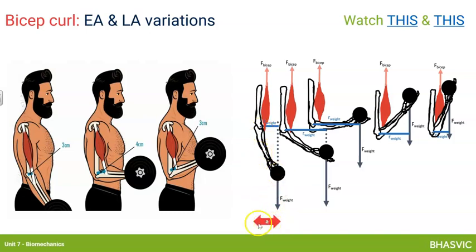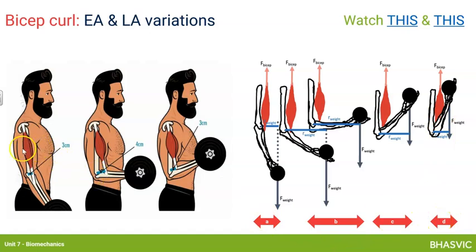This is the perpendicular distance between the application of the load, the gravity acting down through the mass of the load, and the fulcrum. So this distance here. What we can see is that in this first position, we've got quite a short load arm moment distance. In the middle phase, it's longest, which means it's more challenging. There's a greater torque acting on it. Moving beyond that 90 degrees, we've got a moderate load arm moment, and then going up to the top, A and D are the same again.